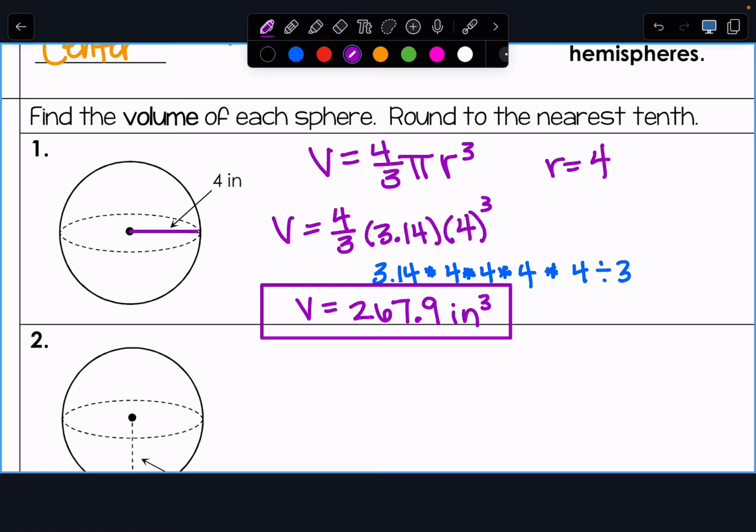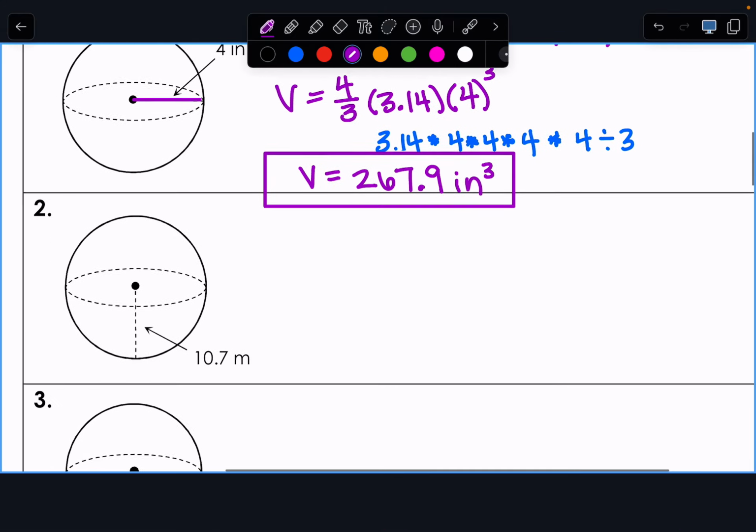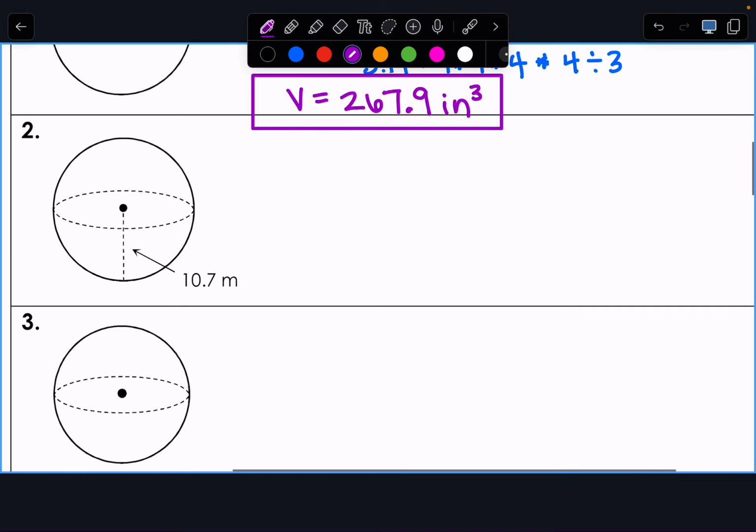Did you get it? 267.9 inches cubed, because we're talking about volume. Okay, Matthew, did you get it? All right, so try number 2. See if you can get to the same answer that I do without me.